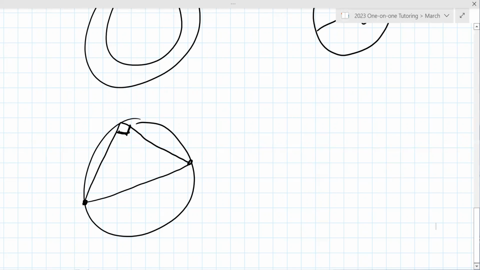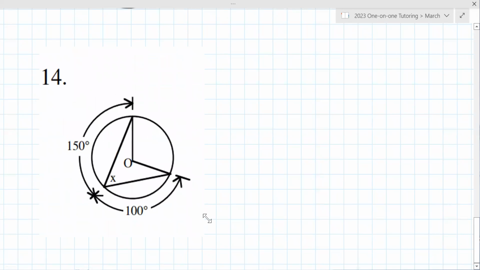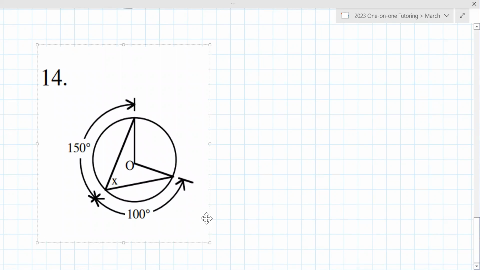All right, so just a couple for you to try. Please ask questions or work it out if you feel confident with it, but I'm just looking for the final answer here.